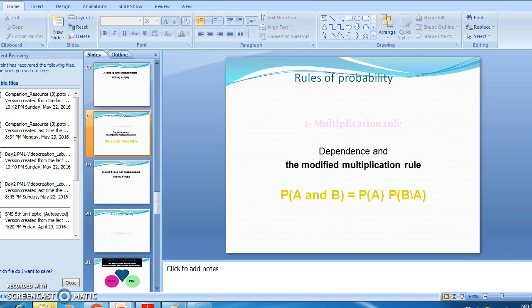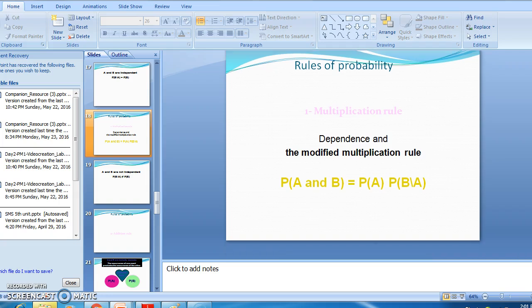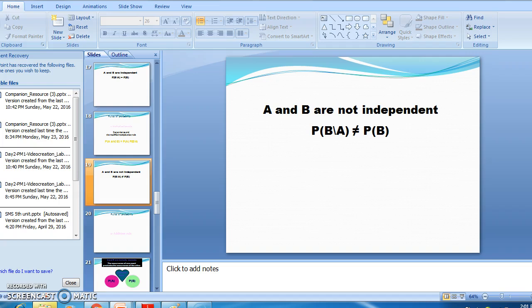If A and B are dependent on each other, P of A and B, the joint probability of A and B, is equal to P of A into P of B under the condition of A. If A and B are not independent, P of B given A, that is P of B on condition that A has occurred, is not equal to P of B.